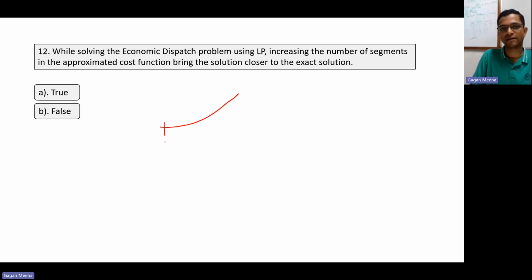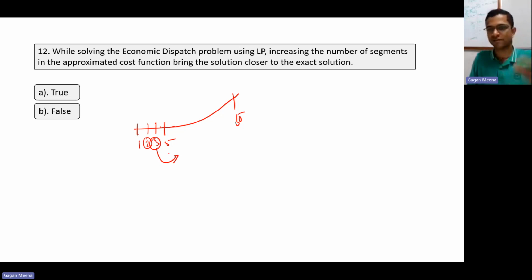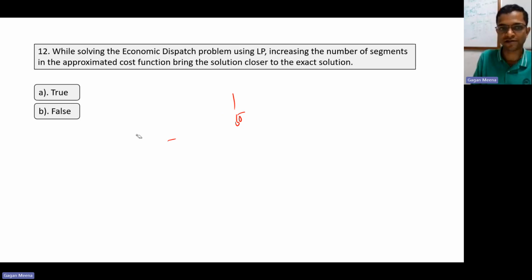Yes, we can compare 5 and 50, so 50 will be closer, but we cannot say that for 1, 2, 3 and 5. If we compare 2 and 3, it might happen that 3 causes a solution which is away from the actual solution, because it depends where it intersects.